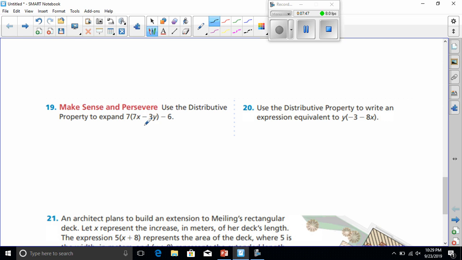Number 19, make sense and persevere. Use the distributive property to expand this expression.